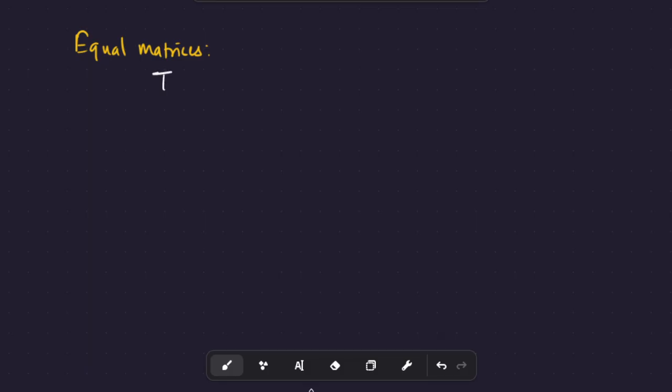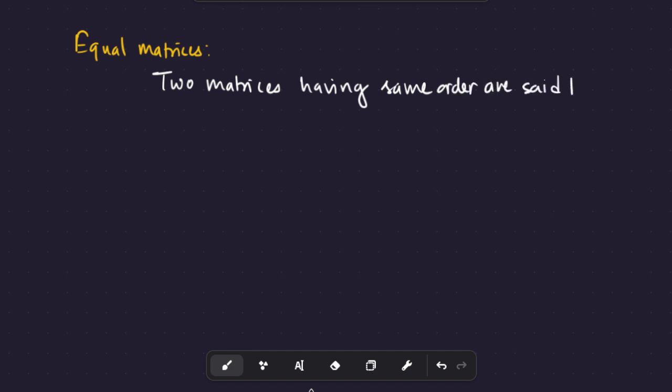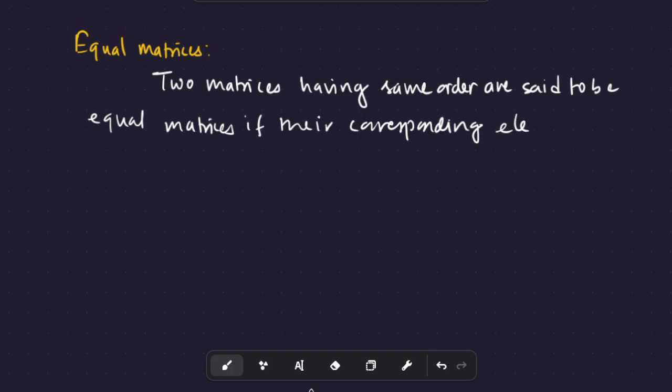Now, two matrices having the same order are said to be equal matrices if their corresponding elements are equal.